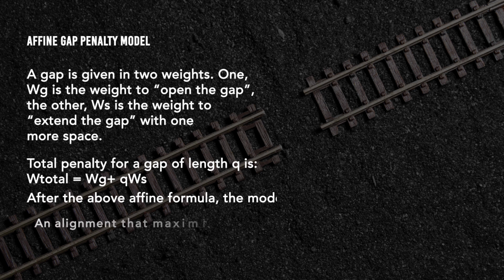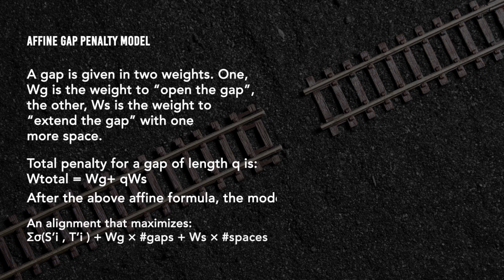The alignment maximizes the summation of the scores of source and target characters plus the gap opening weight multiplied by the number of gaps plus the extension weight Ws multiplied by the number of spaces.